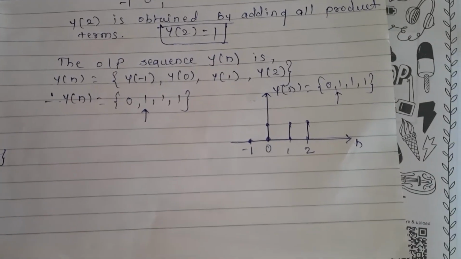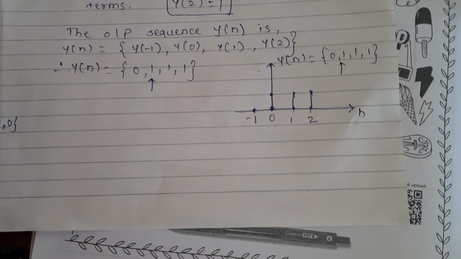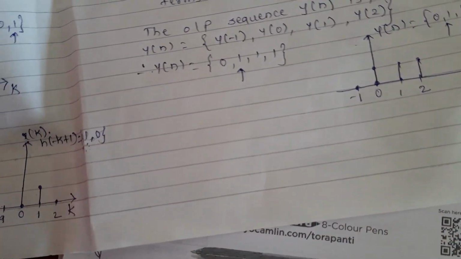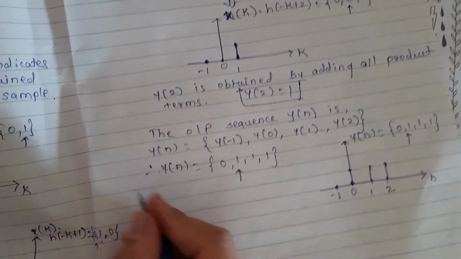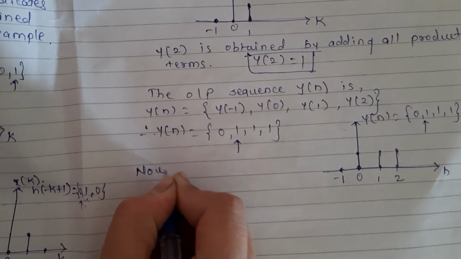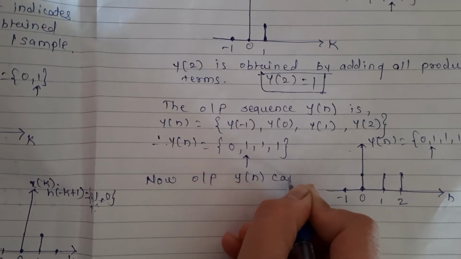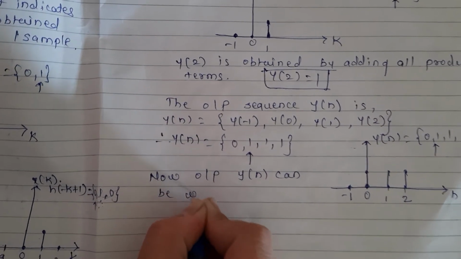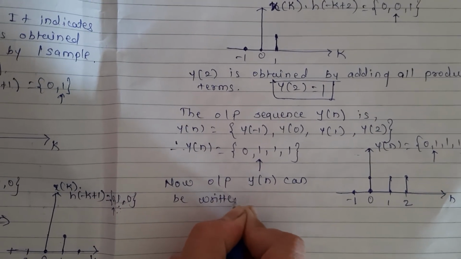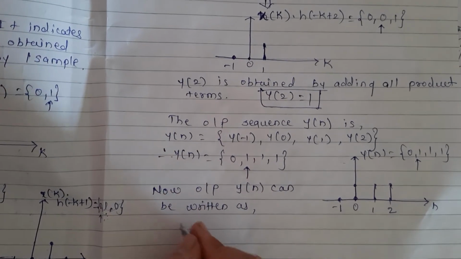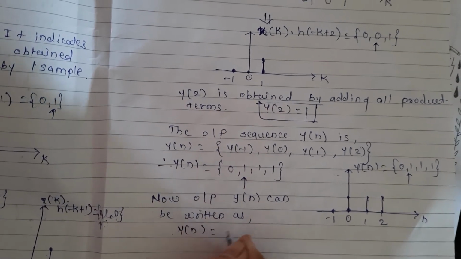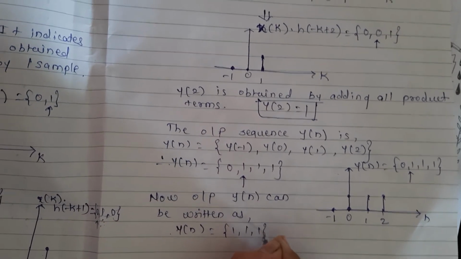So this is the sequence for y of n or output y of n. Now the output y of n can also be written as y of n is equal to 1 1 1.